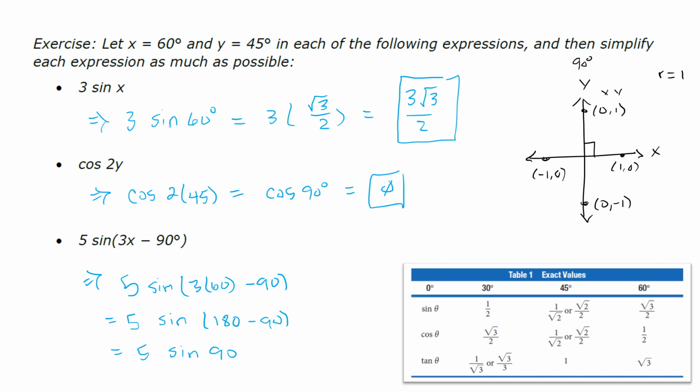This is similar to the last one. The sine is y over r. So if we go back to our 90 degrees, r is 1, y is 1. So y over r is 1 over 1. So that'll be 5 times 1, which is 5. Alrighty. Awesome.